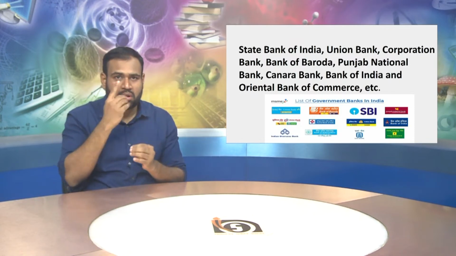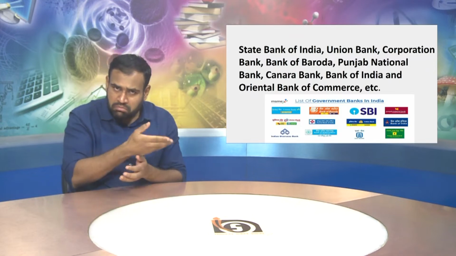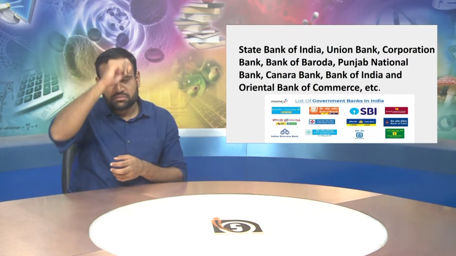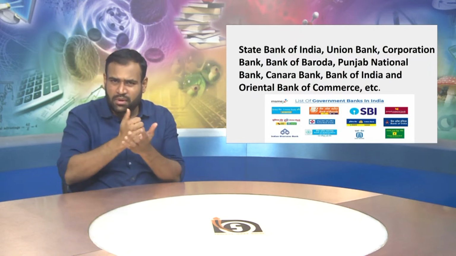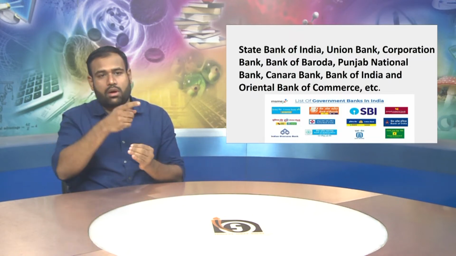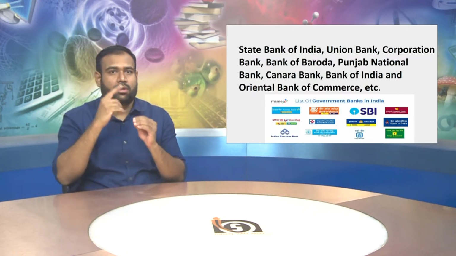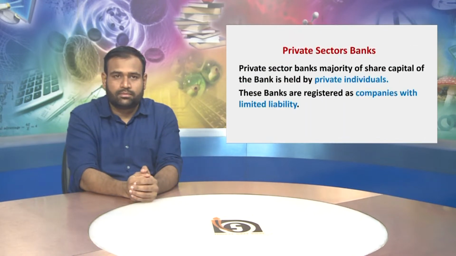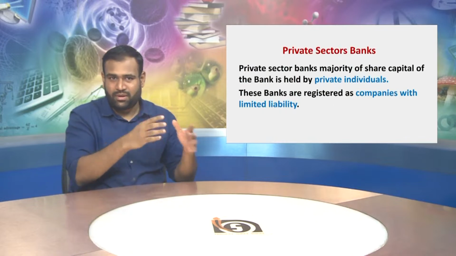These are all Indian banks like State Bank of India, Union Bank, Corporation Bank, Bank of Baroda, Punjab National Bank, Canara Bank, Bank of India, and Oriental Bank of Commerce. All these are Indian banks. So they are all in the list of government banks of India.